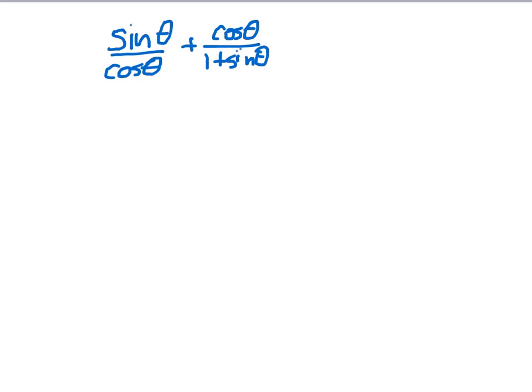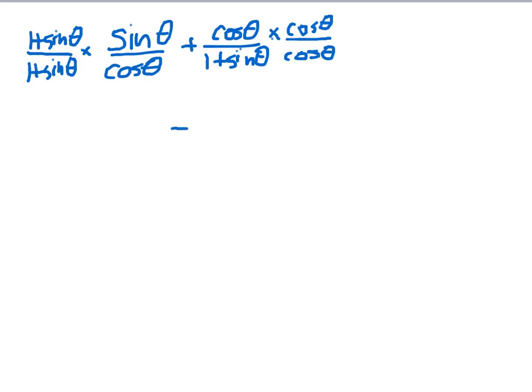And so on the right here, I'm going to multiply this to get my common denominator by cosine of theta over cosine of theta. On the left, it's going to be 1 plus sine of theta over 1 plus sine of theta. Remember, there's a multiplication here. Alright, what do we have here now?